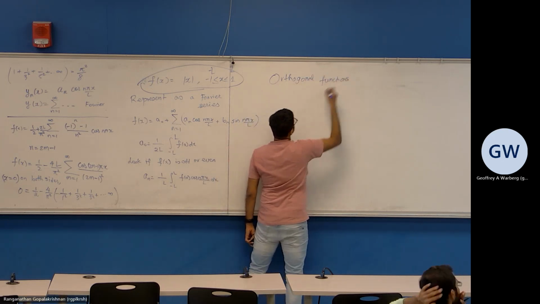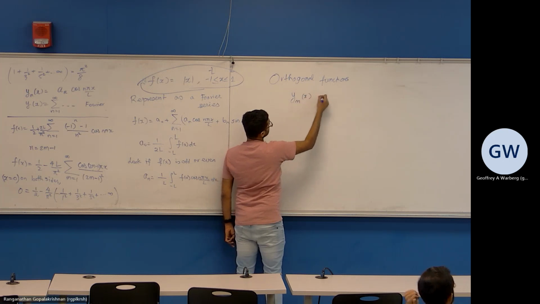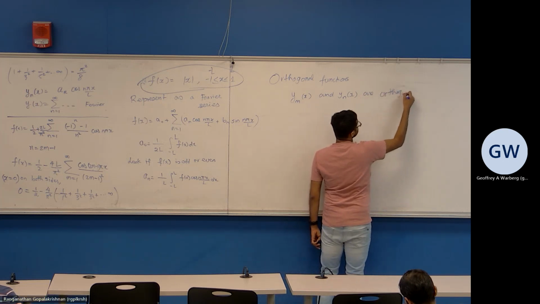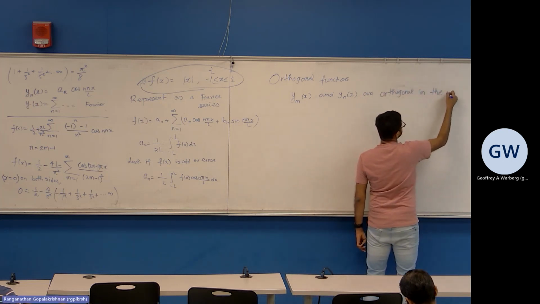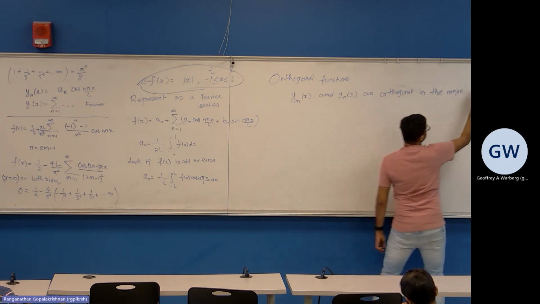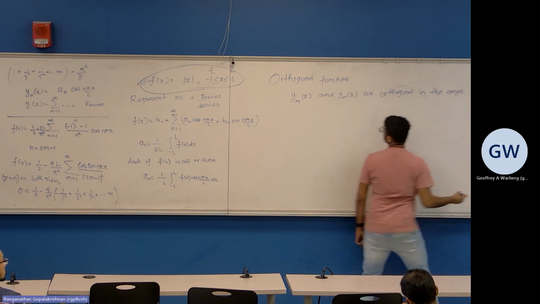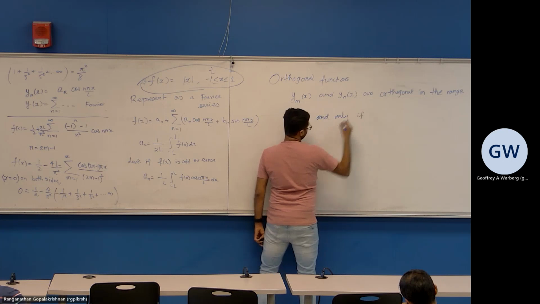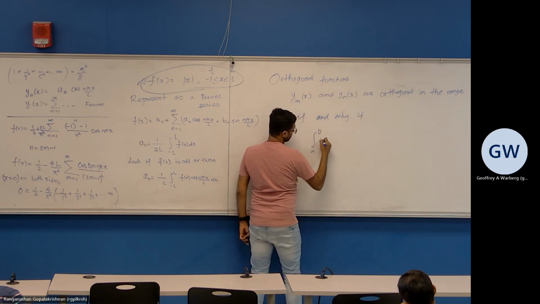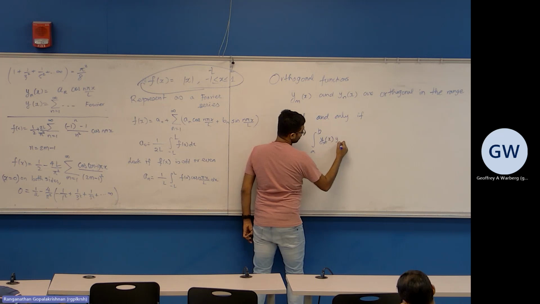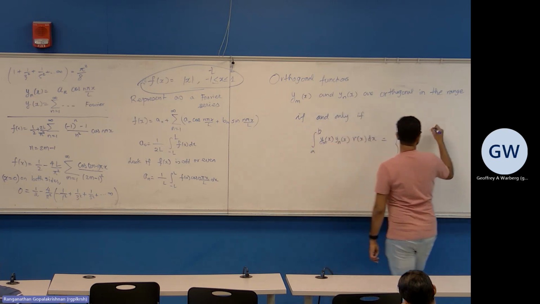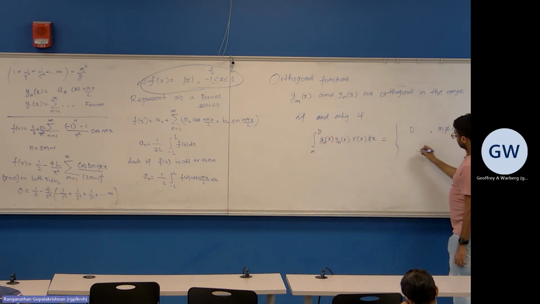Orthogonal functions: ym of x and yn of x are orthogonal in the range a less than or equal to x less than or equal to b if and only if the integral from a to b of ym of x, yn of x, r of x dx is 0 for m not equal to n and a finite value for m equal to n.